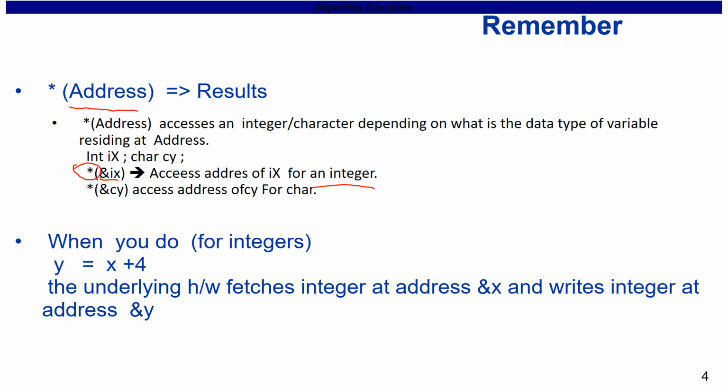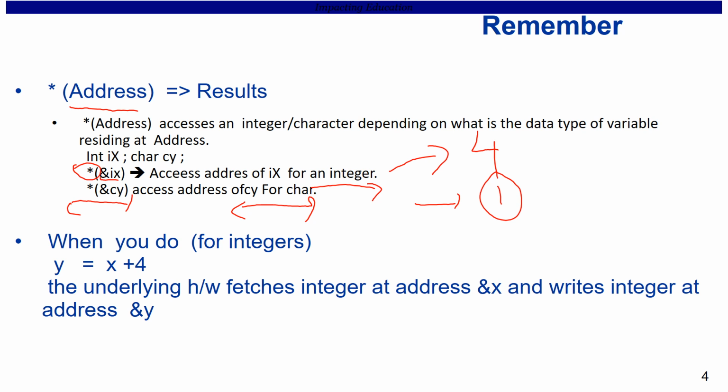And in case of star of and of cy, where cy is a character, this star operator will access a character. So if integer is 4 bytes, this operation will result in access of 4 bytes, and if character is 1 byte, the star operator will result in an access of 1 byte.